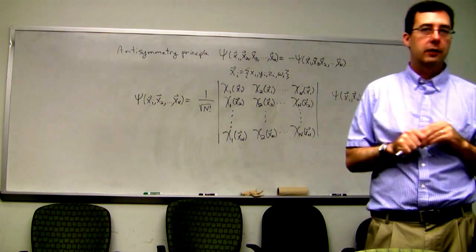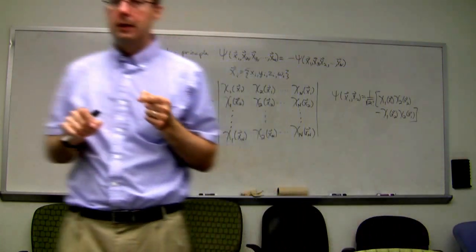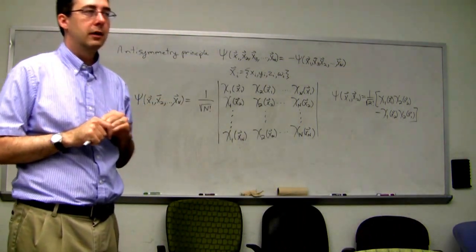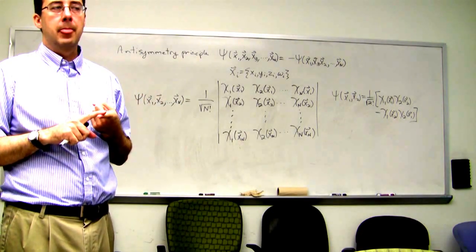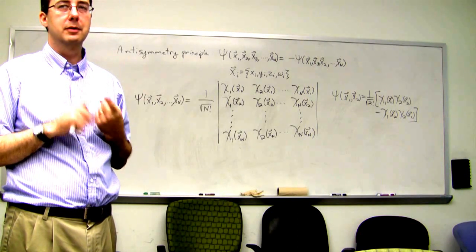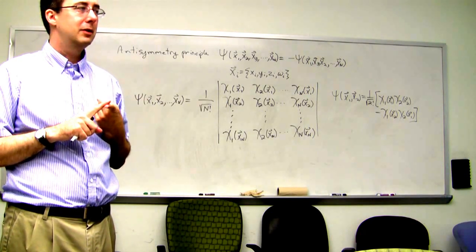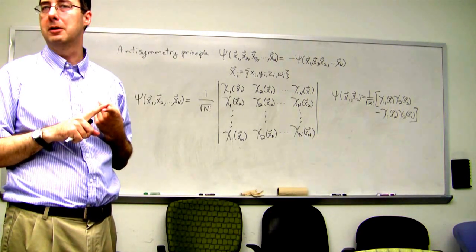Now, a Slater determinant is great because it has the properties that we want. But there's at least two downsides. Downside number one, nobody ever proved, in fact you can't prove it because it's not true, that you could use one Slater determinant to describe an arbitrary atom or molecule. You can't.